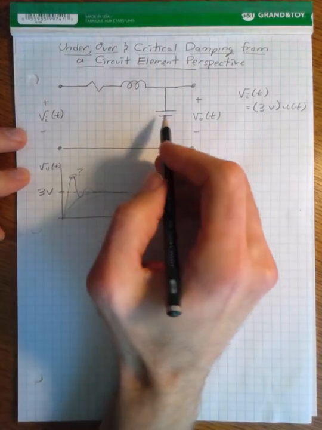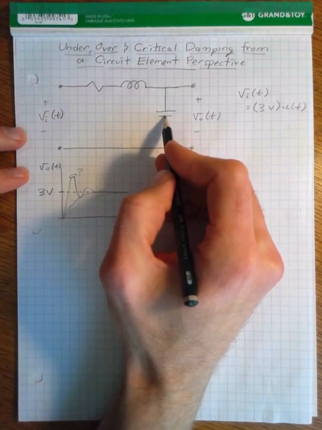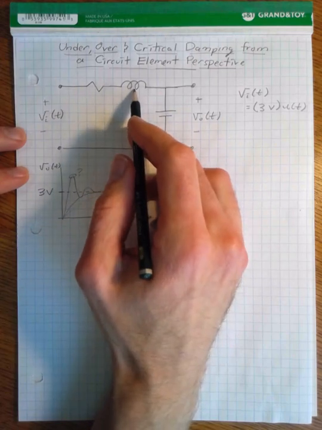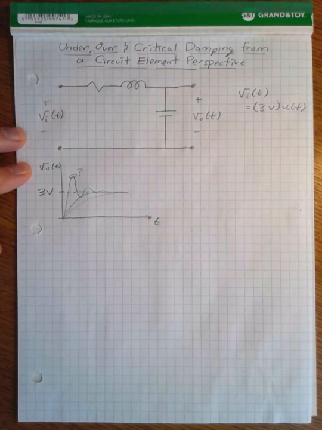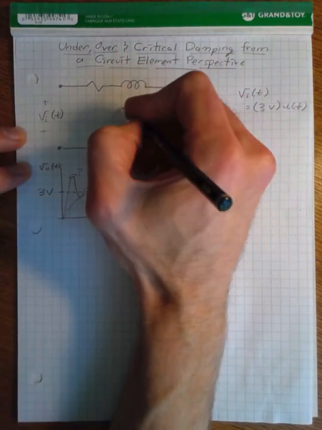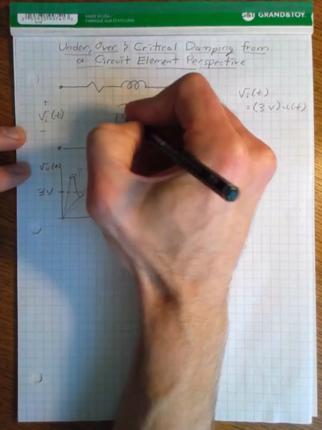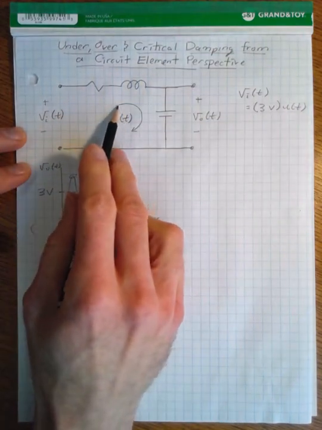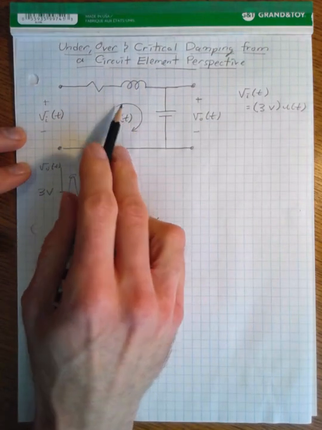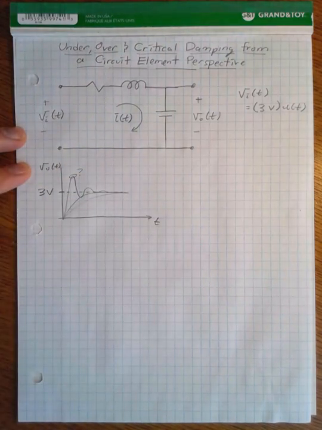So in the underdamped case, we have a relatively small capacitor compared to the size of our inductor. And a small capacitor will charge quickly. And so when we switch in our 3 volt source, we get some current going through our loop. And that current is going to be fairly significant, and we're going to charge this capacitor fairly quickly.